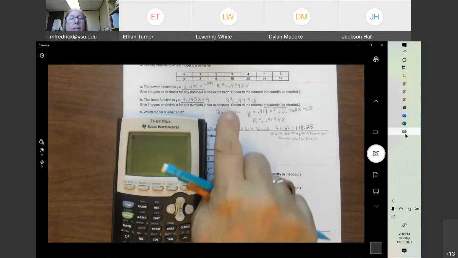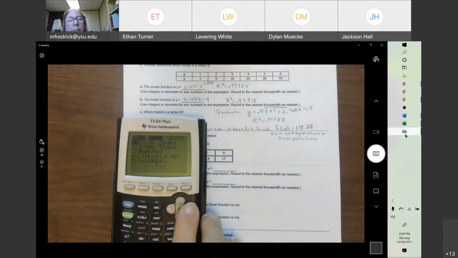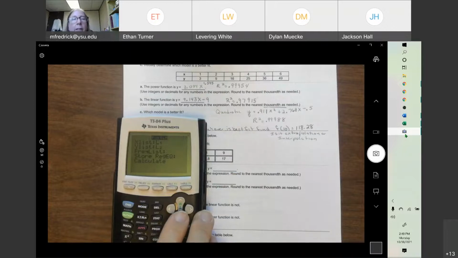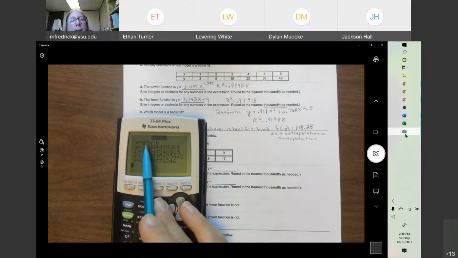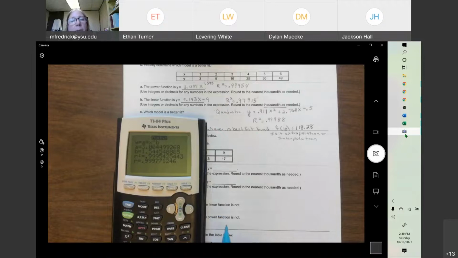To do the power function, Stat over to Calc, down till you see power, which is right there. Hit enter. Now, if you have the TI-83, once you hit enter, it automatically does it. Calculate. A times x, and then that caret means b is in the exponent.